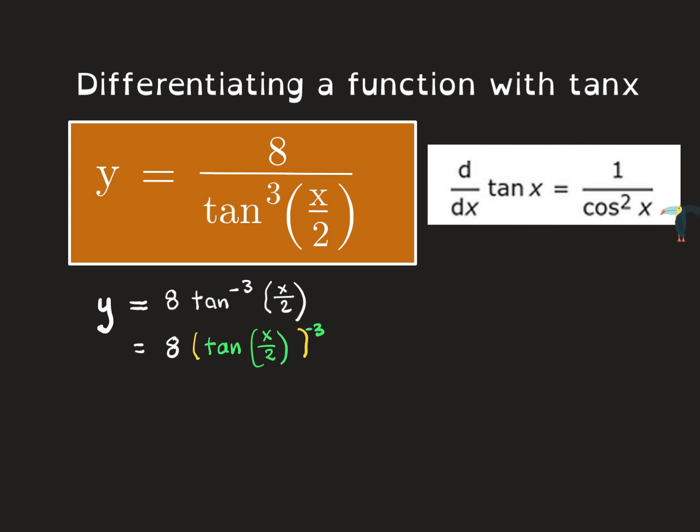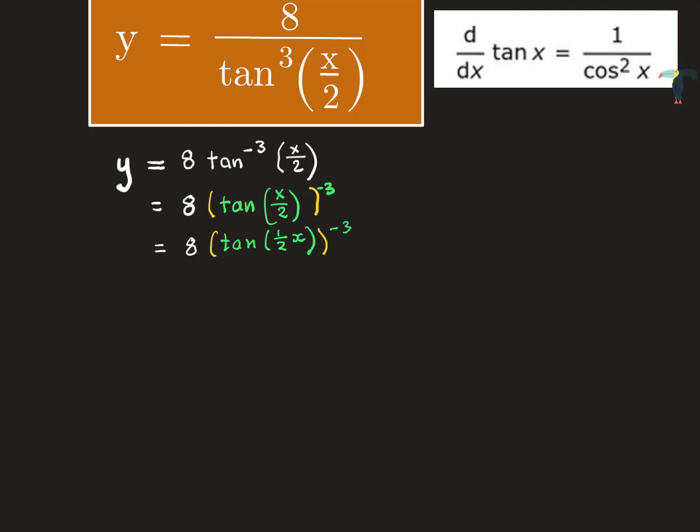And my only concern is that many of you do not see that x on 2 has a half as a coefficient. So if I was to write this in this form over here, I'm hoping that you might be able to see that. And at this point, we are ready to start differentiating dy dx. So in the first place, we need to see that this is going to be a chain rule.